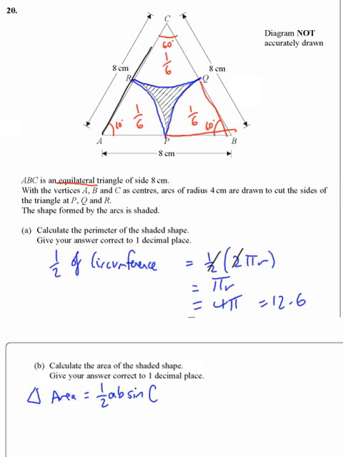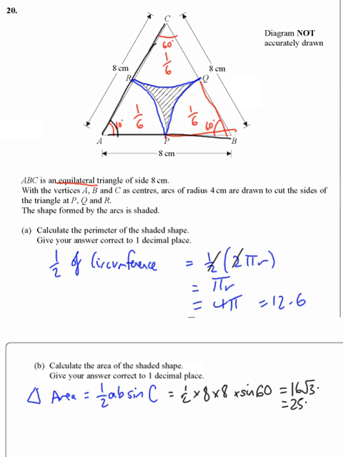So we've got a is 8, b is 8, and C is 60. So that gives us a half times 8 times 8 times sine 60. And sine 60 is root 3 over 2, so that gives us 16 root 3, which comes to 25.1.